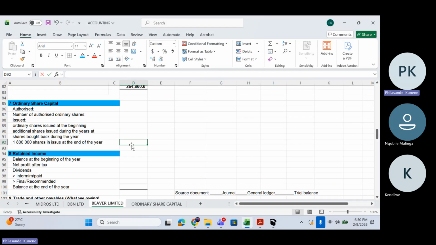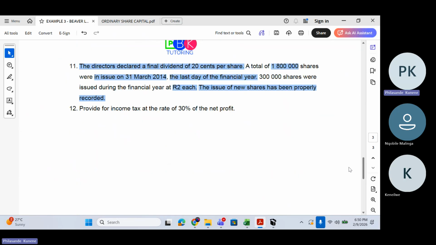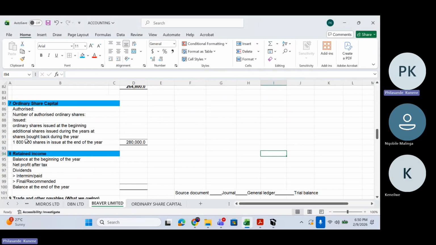So I know very well that I have 2,800,000 rands here. Do you guys agree with me? 2,800,000 that I'm going to have as my share capital at the end.